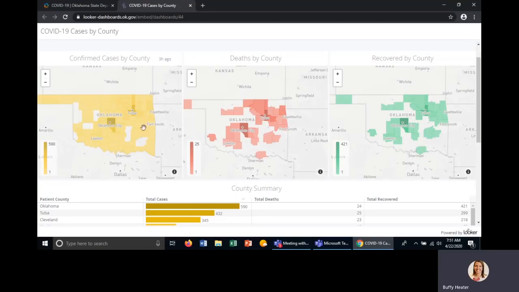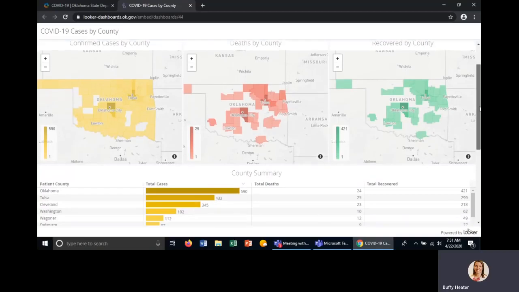Now notice on the maps, the shading is indicated to be able to tell you by the boldness of the color scheme how many cases are occurring in a particular area.